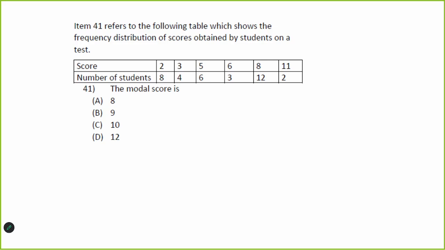Item 41 refers to the following table, which shows the frequency distribution of scores obtained by students on a test. The modal score, the most popular score here, is 8, since 12 students got 8.